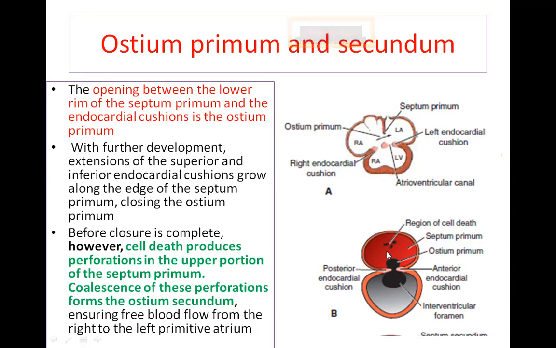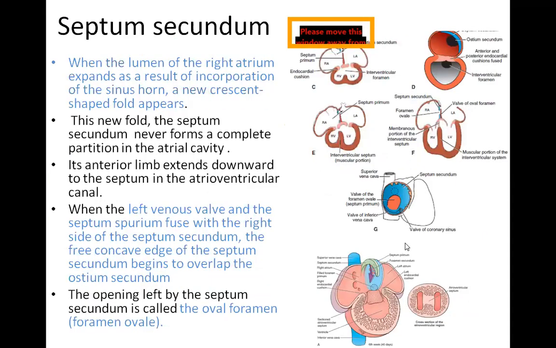This ensures free blood flow from the right to the left primitive atrium. One thing to keep in mind is that shunting of blood throughout the development of the heart is very necessary for the growth of the two atria. We will see why.